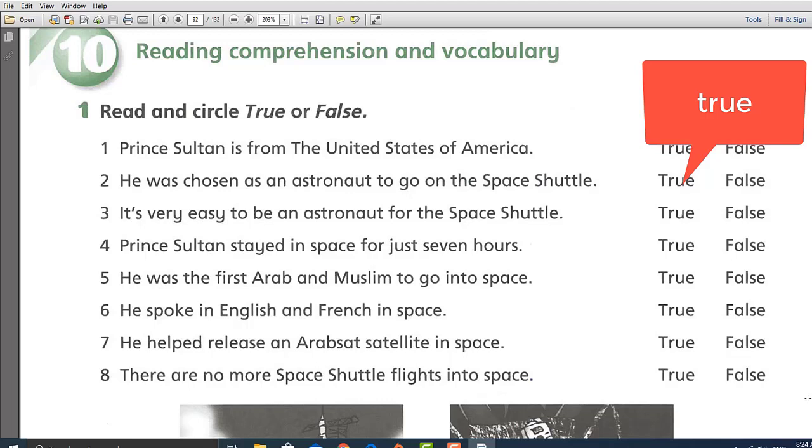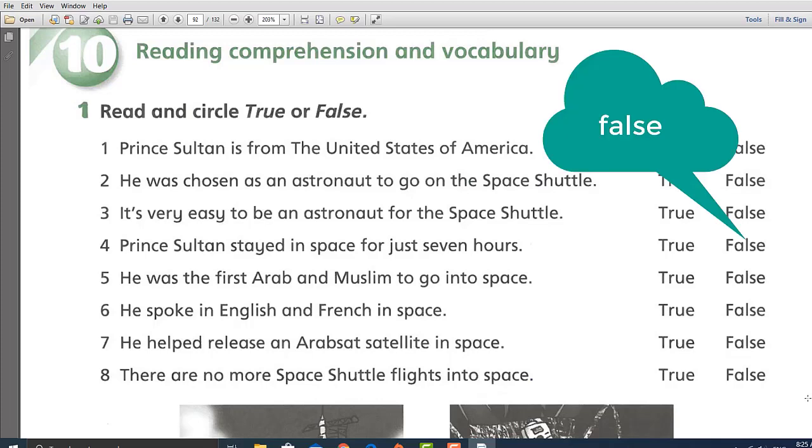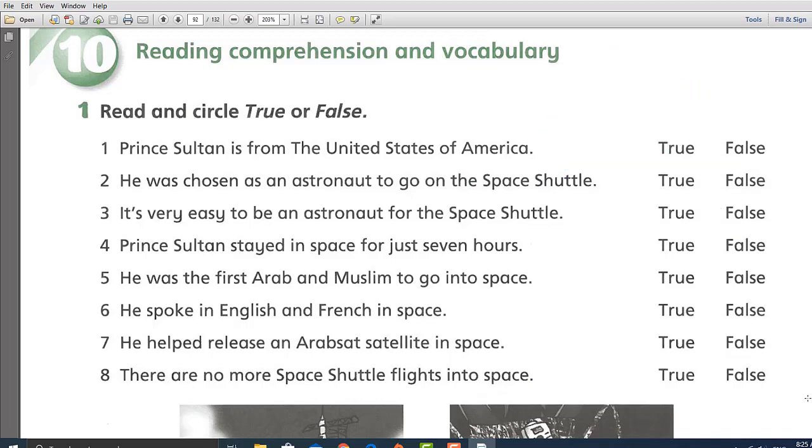Number 3. It's very easy to be an astronaut for the space shuttle. Is it easy? False. Number 4. Prince Sultan stayed in space for just 7 hours. 7 hours?